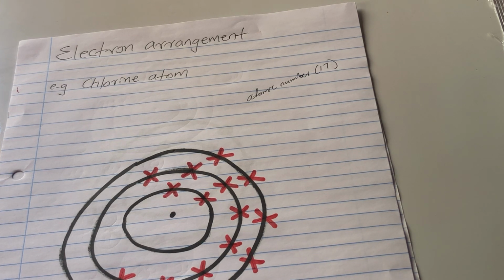It means that you are going to put 17 electrons in this chlorine atom. You start by filling the first shell, which requires only 2. If you have 17 and you put 2 here, what is left is 15.